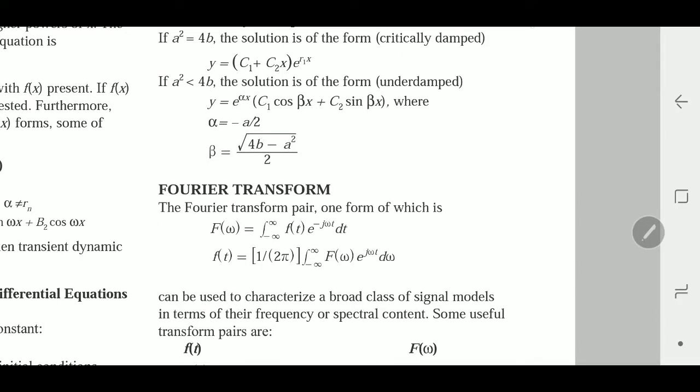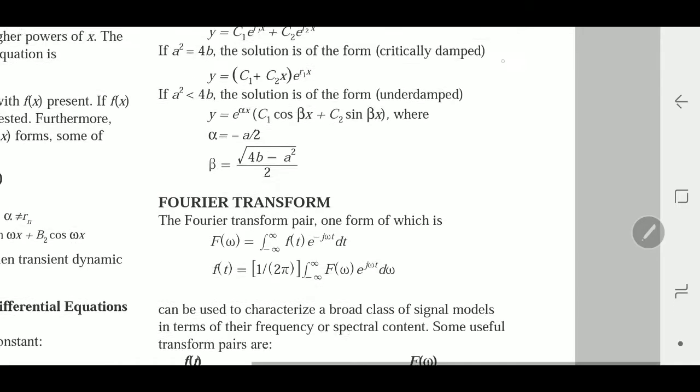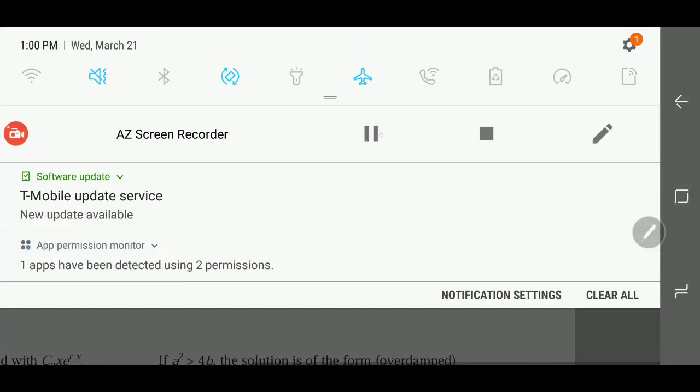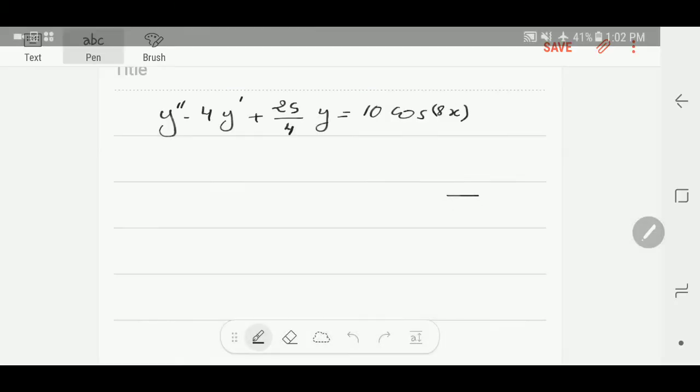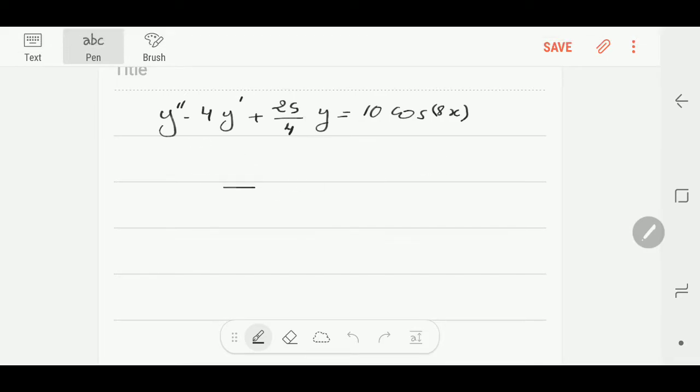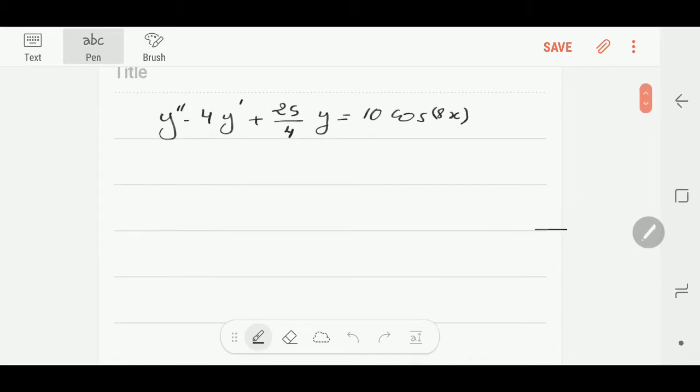So let's tackle our problem and find out which one it is. This is the equation that we have. I've already written it over here to save time. In the solution, they went ahead and found the characteristic equation and then used the quadratic formula to solve it.